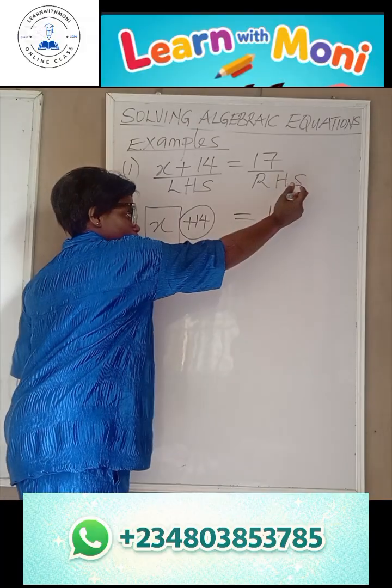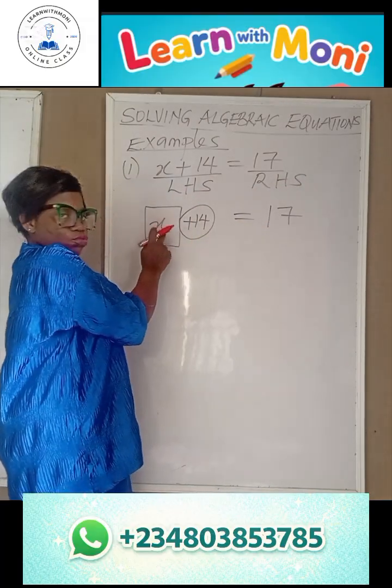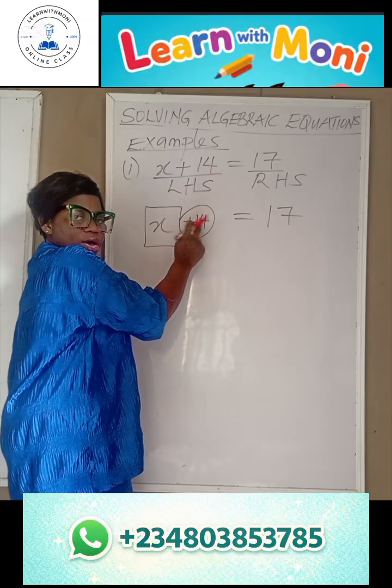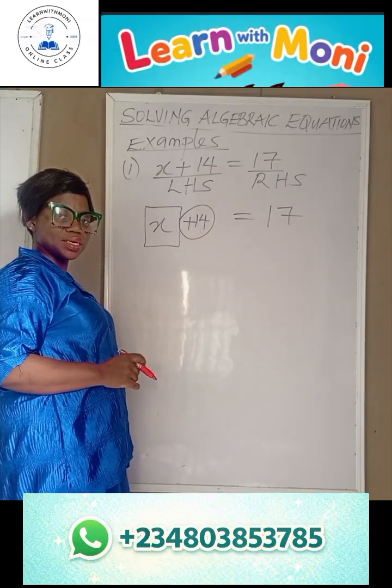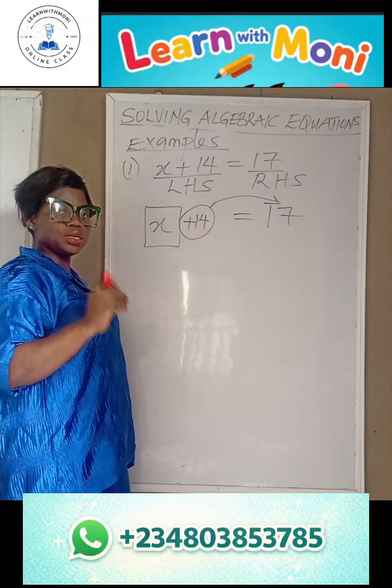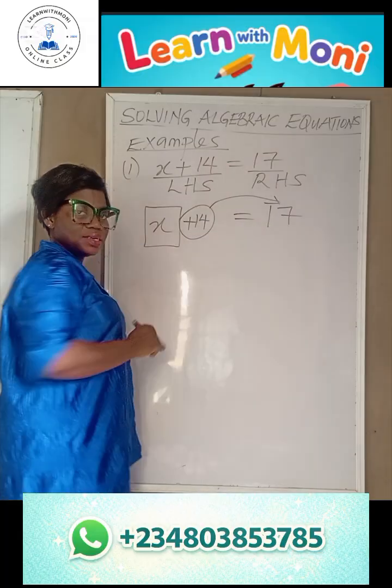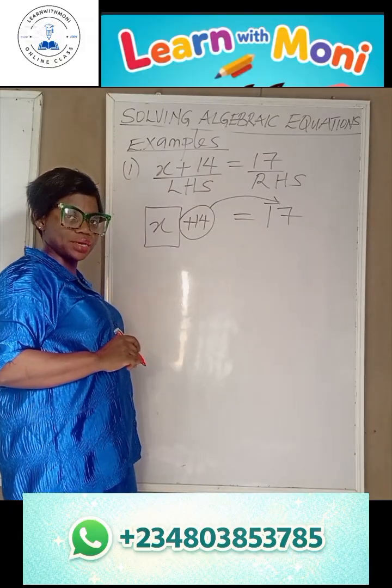I am coming now from my right hand side to my left hand side. For me to get to x, I have to roll away this bar of magnet. I will roll it to the other side. And once you roll the plus 14 to the other side, the sign will change from plus to minus.